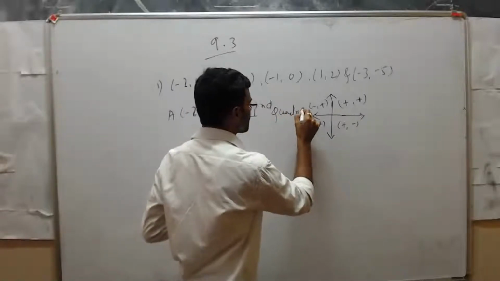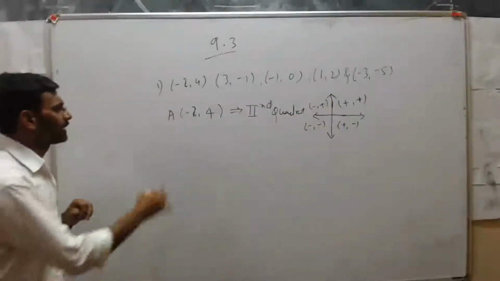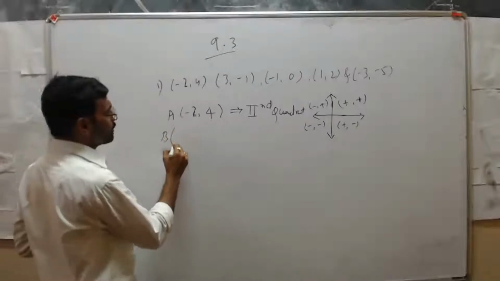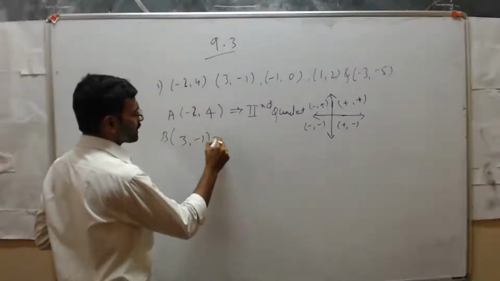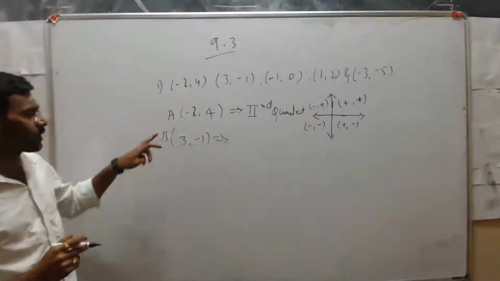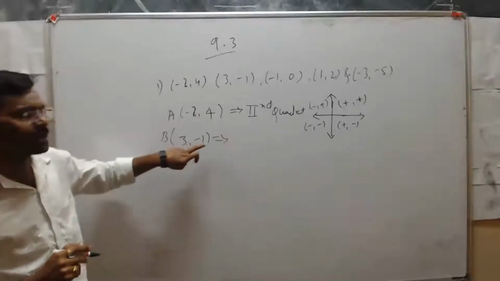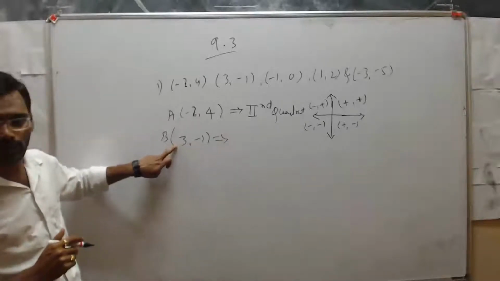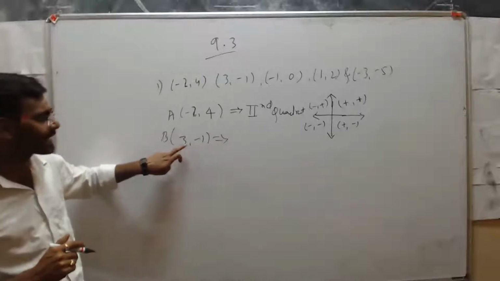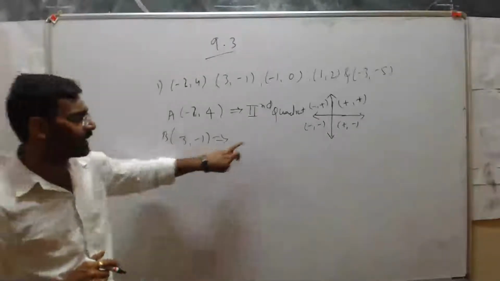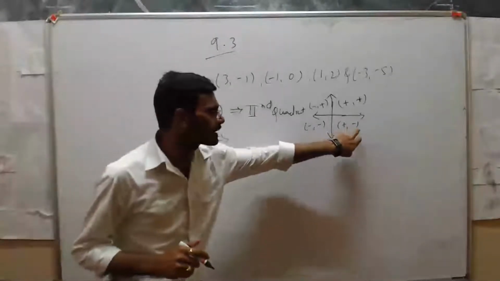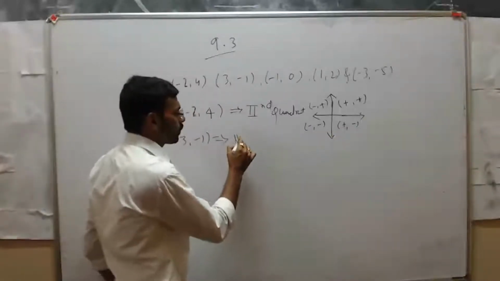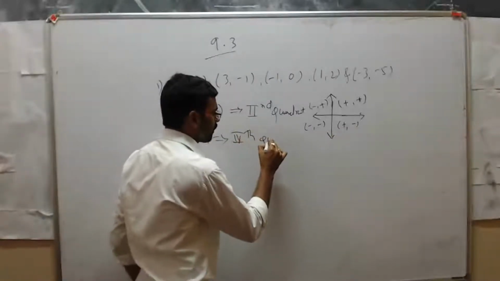Then second point, B (3, -1). x value positive, y value negative means which quadrant? Fourth quadrant.